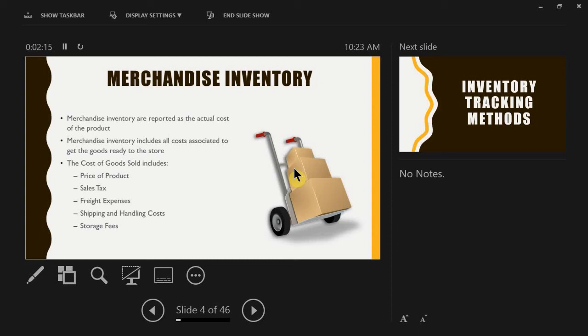But for this class, we're only going to be primarily focusing on the purchase price and any freight charges, okay? The only exception is sales tax. Depending on who the vendor is, if for any reason you have to run out in an emergency and physically go to their store location, you may be subject to tax for purchasing the inventory item.